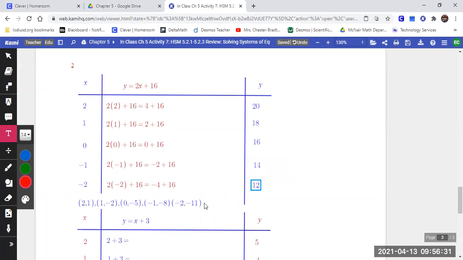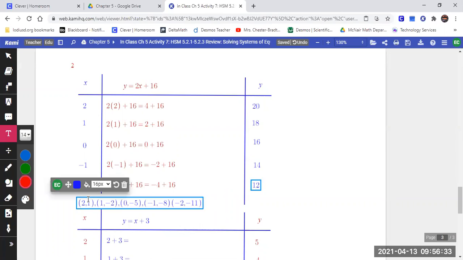12. Okay, now we're going to go make our coordinates. The 2 was 20. What was the 1?